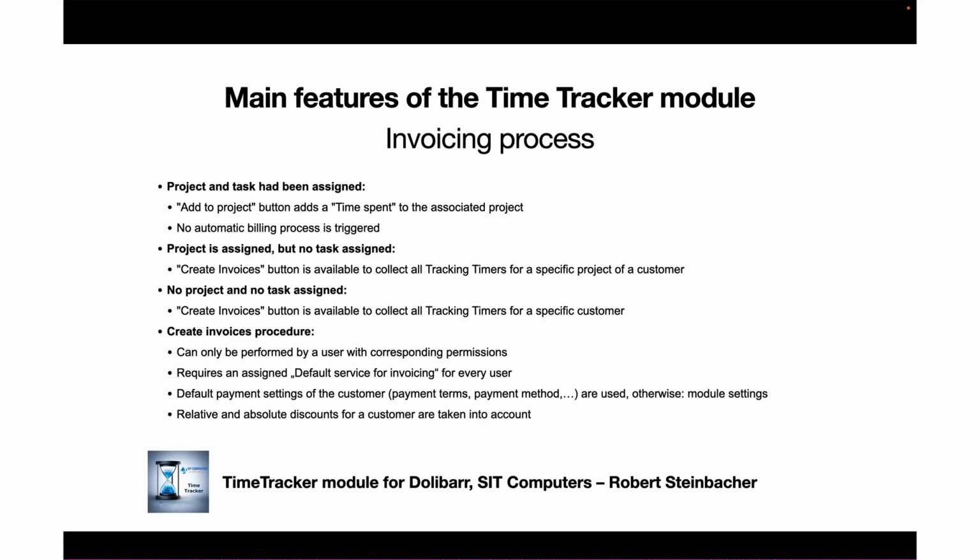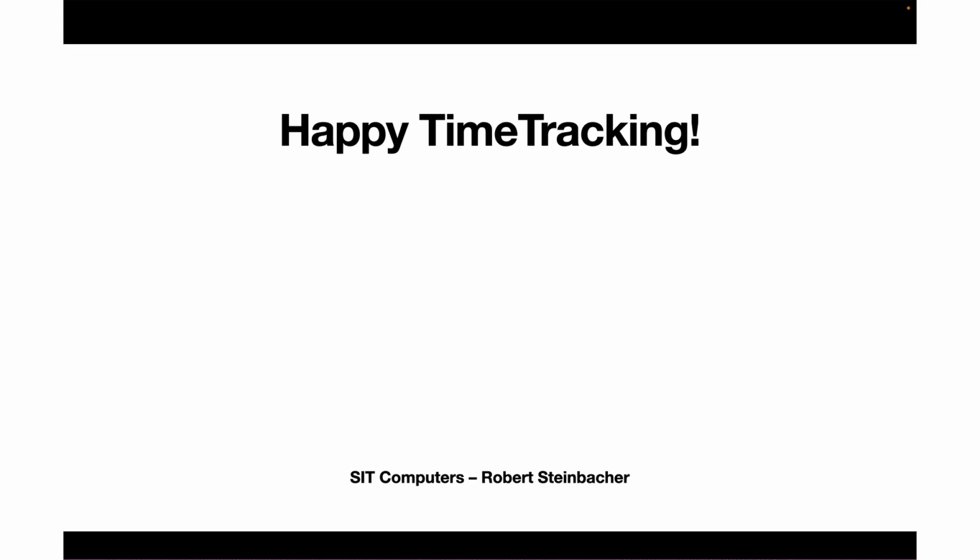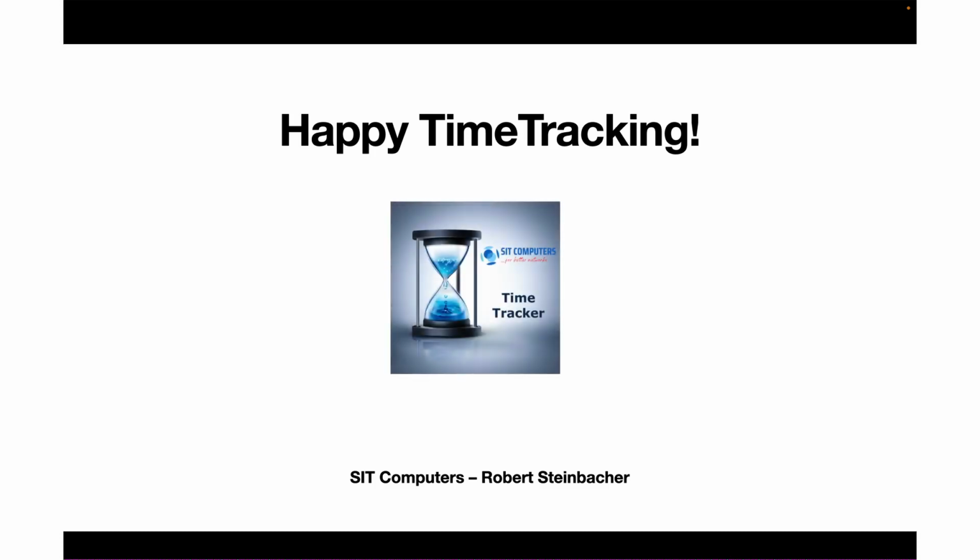So if, for example, you have given a 5% reduction of the price for a specific customer because it's a long-term relationship, then these are given in the customer settings and they are taken into account when creating the invoices automatically. So I hope this video has given you a good overview of the process.